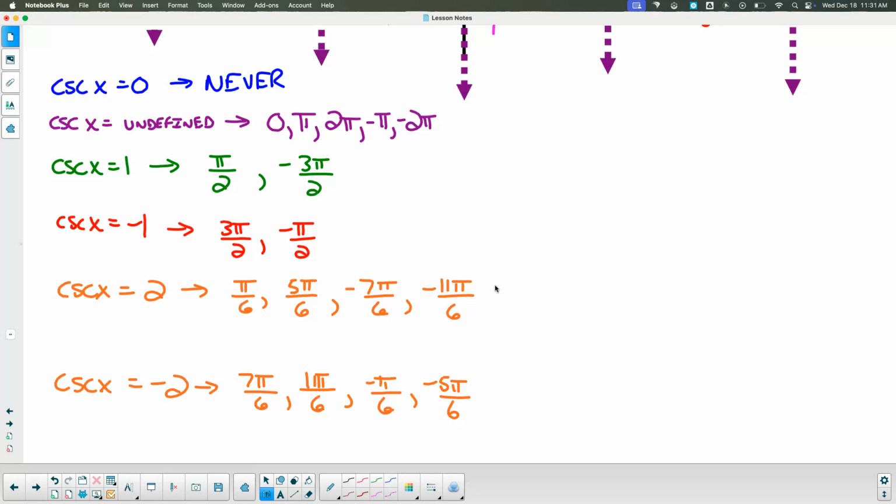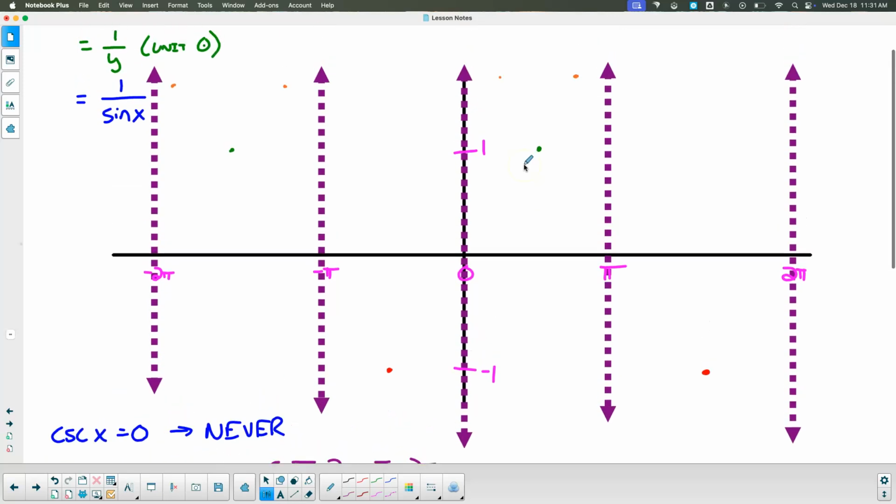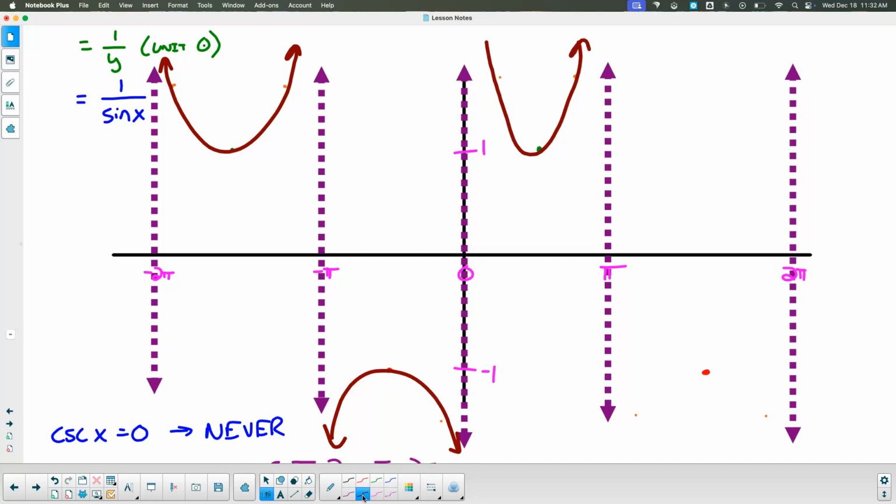Negatives are positives then. Okay? And there's your cosecant graph.